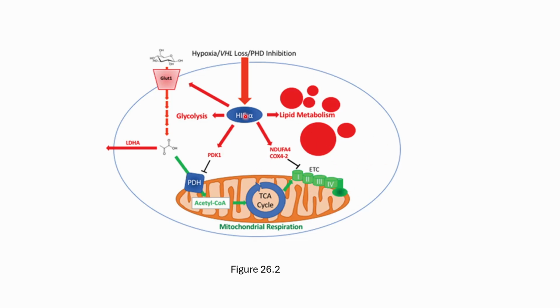It's also going to affect the transport of pyruvate into the mitochondria for the TCA cycle. HIF-1 alpha is going to result in the inhibition of pyruvate dehydrogenase, which is required for transition into the TCA cycle. So therefore, it's going to promote glycolysis. It's going to affect glucose transport into the cell, and then the lactate dehydrogenase pathway.